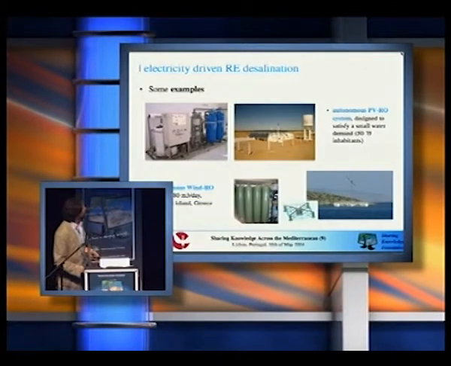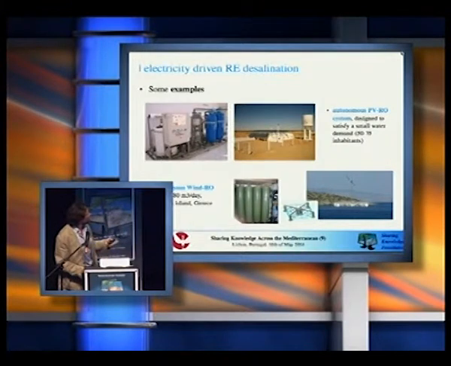Thank you. So we can see here two examples of this kind of system. Above, we have an autonomous photovoltaic reverse osmosis system designed to satisfy a small community of 50 to 75 inhabitants.